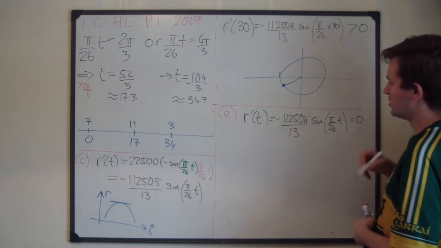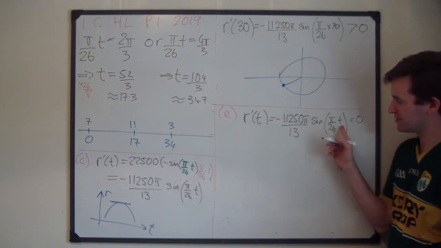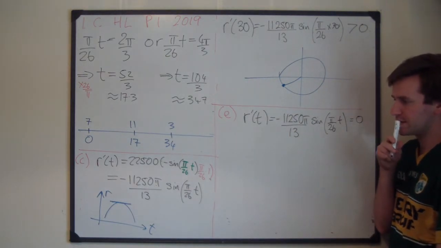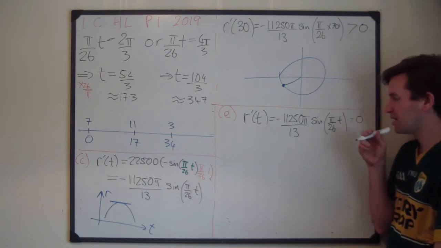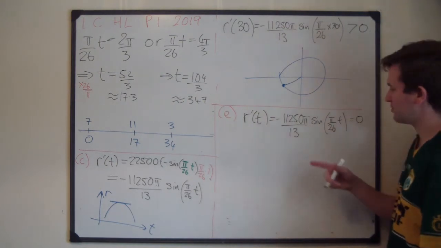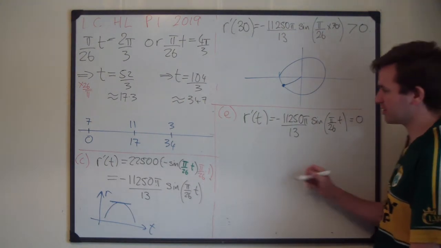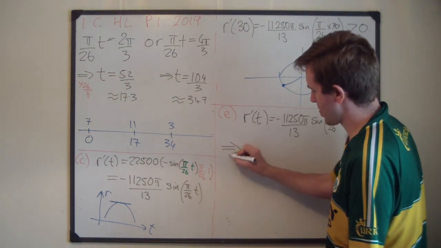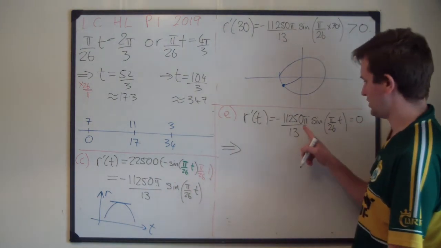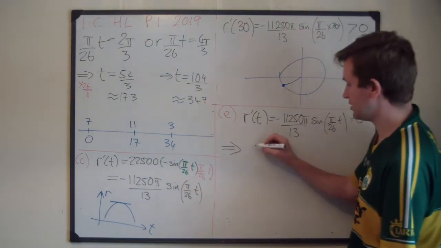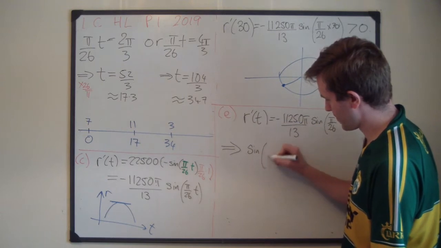Okay, so yeah, there's one very easy solution here, which is t equals 0. But the question is, will that give a maximum or a minimum? Now, looking ahead, so how would you solve this? Well, you have two numbers multiplied together giving you 0. So this isn't 0, so this sine term must be 0.